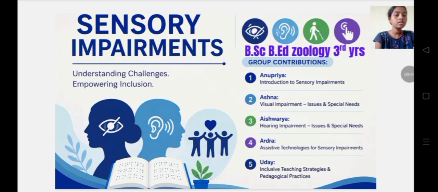This condition is known as a sensory impairment. Sensory impairment affects not only physical ability but also learning, communication and social interactions. However, with proper support and inclusive education, people with sensory impairment can live a normal and independent life.